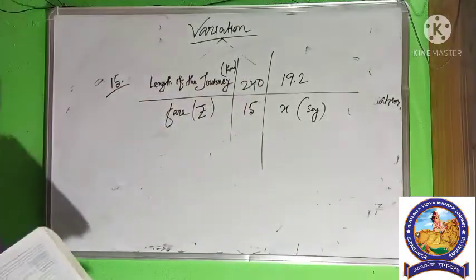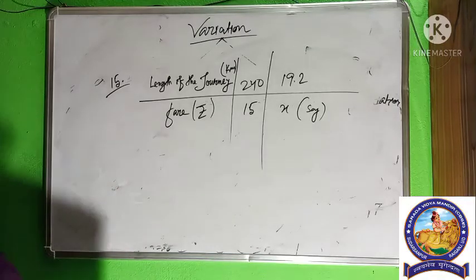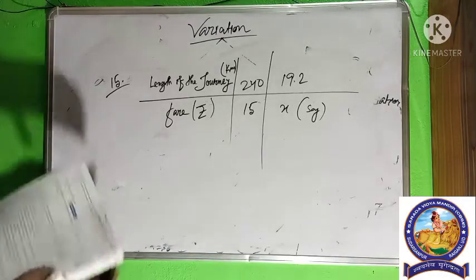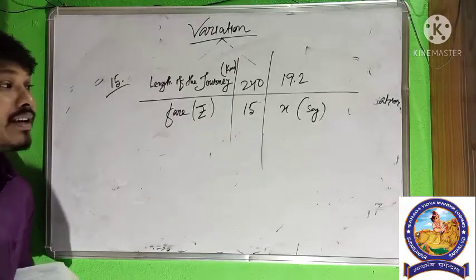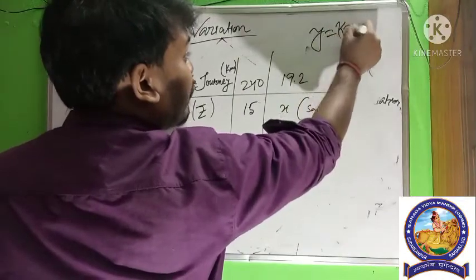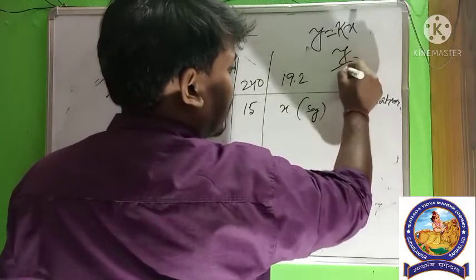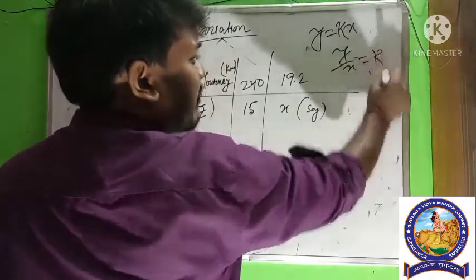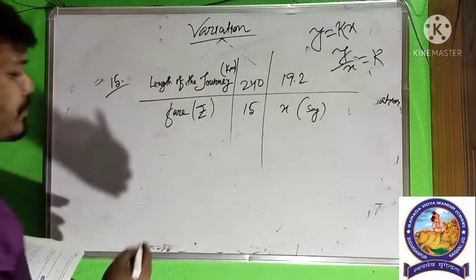You can solve by using ratio or by using the concept of variation. Both use the concept of variation, but you can solve using the equation y equals kx or by using the concept that ratios are equal. Here, equal ratios is easier, I think.